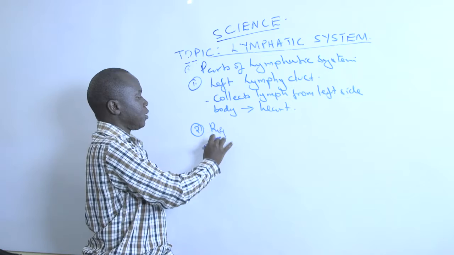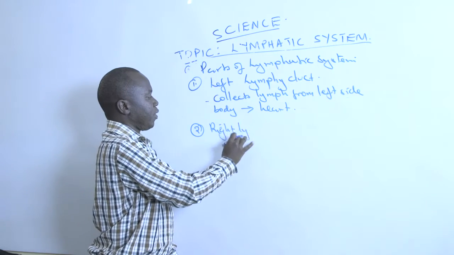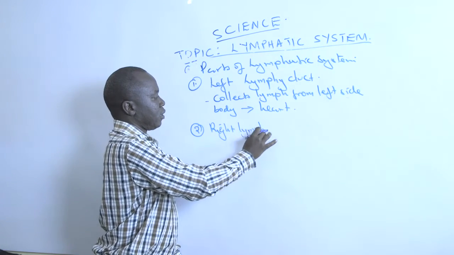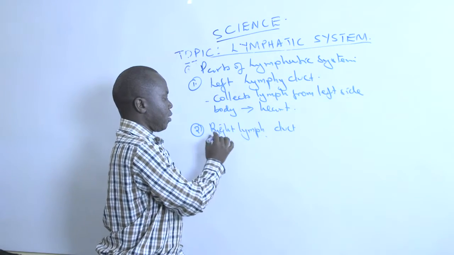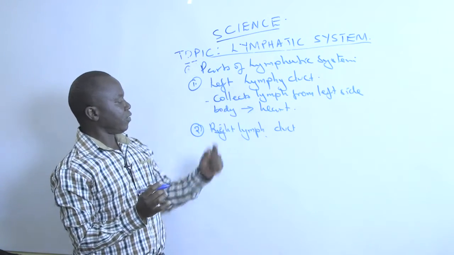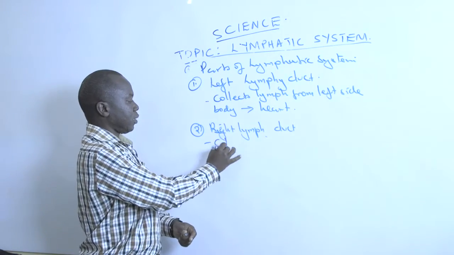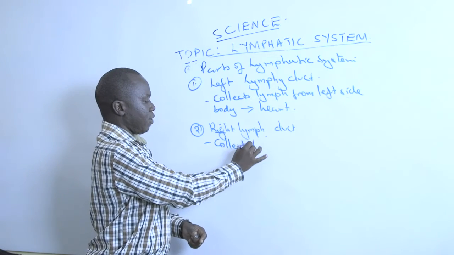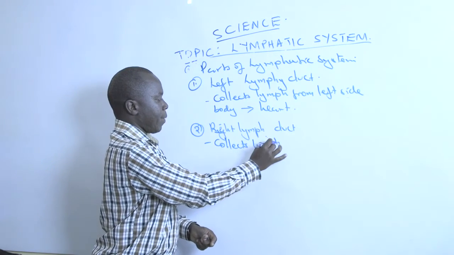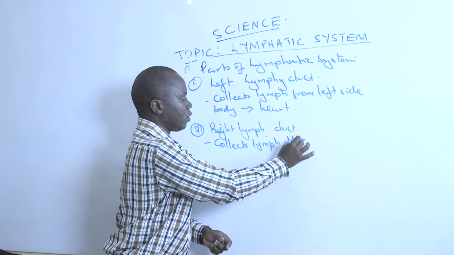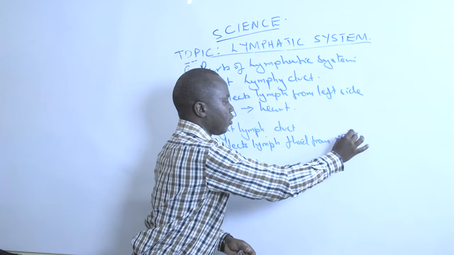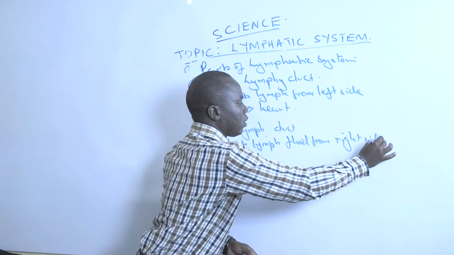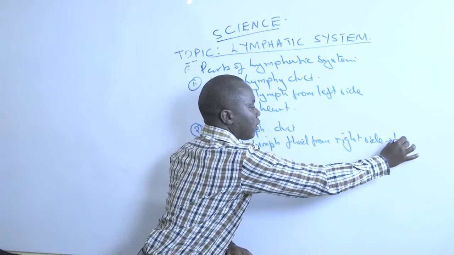Then the right lymph duct, just like the left, also collects lymph fluid from the right side of the body into the heart.